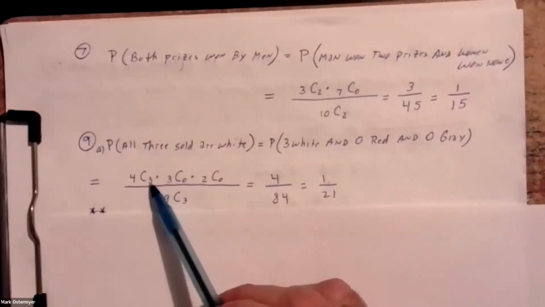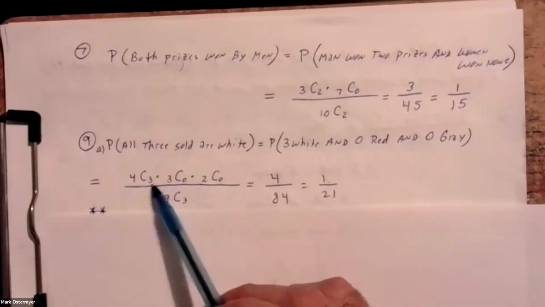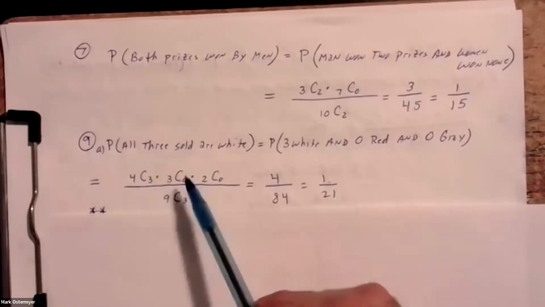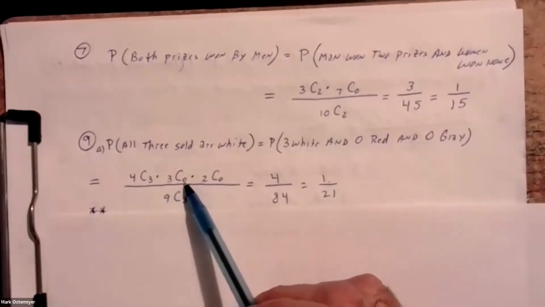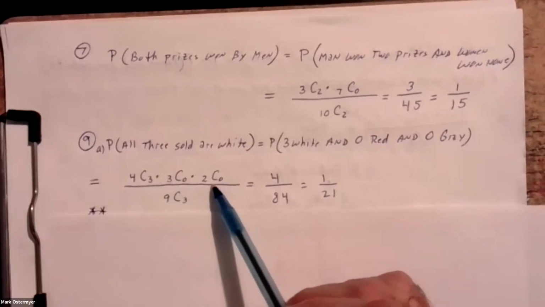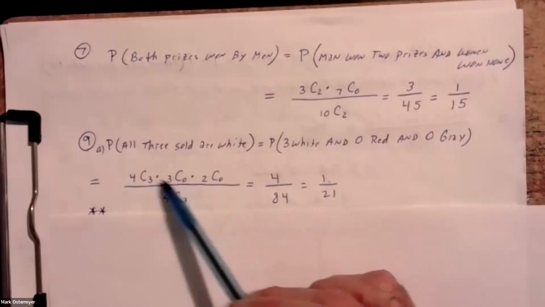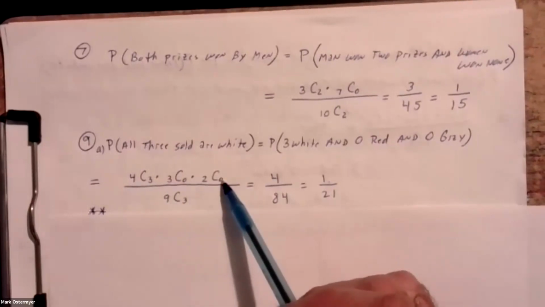So the number of ways of selling 3 white automobiles from 4 white automobiles where order does not matter is 4 in combination with 3 times technically the number of ways of selling 0 red automobiles from 3 red automobiles is 3 in combination with 0 times the number of ways of selling 0 gray automobiles from 2 gray automobiles is 2 in combination with 0. Notice 3 plus 0 plus 0 must be equal to 3 because we're selling 3 automobiles.